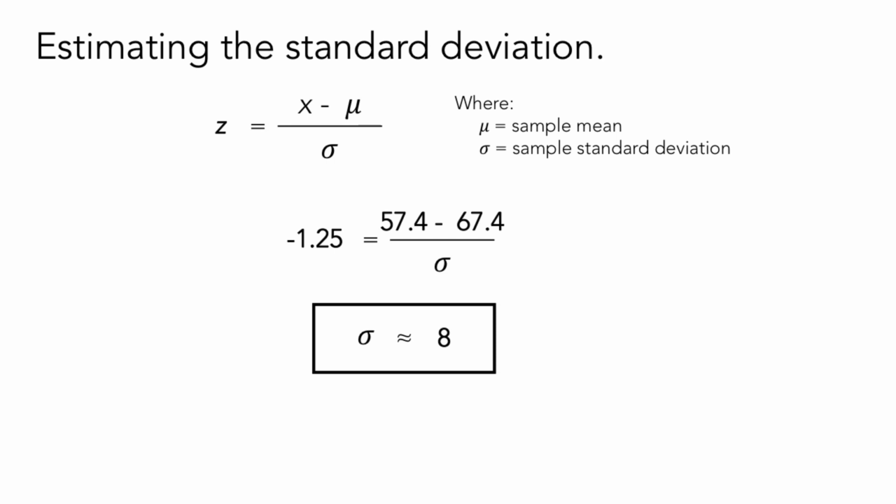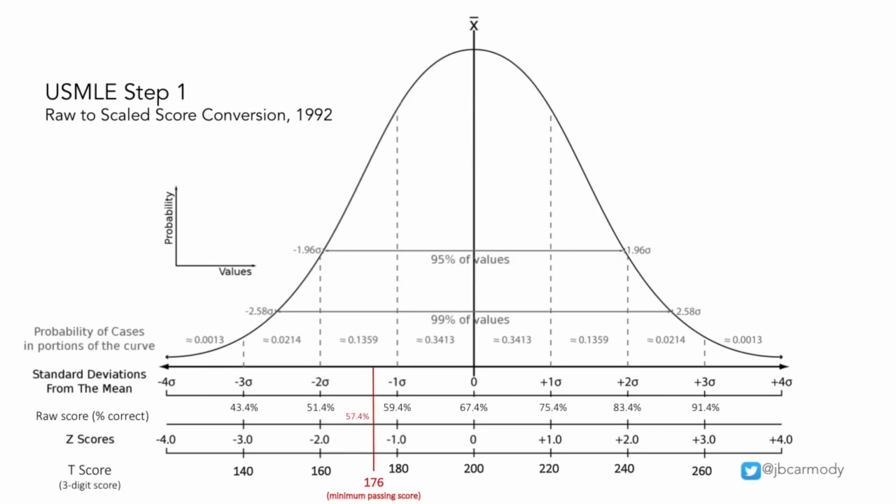So let's do that here. We know that a z-score of minus 1.25 is the passing standard. We similarly know that an examinee who hit the passing standard exactly answered 57.4% of questions correctly, and the exam mean was 67.4%. And so if we solve for the standard deviation, if we solve for sigma, we'll see that it's about 8 percentage points.